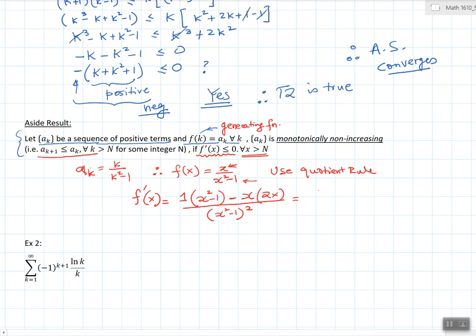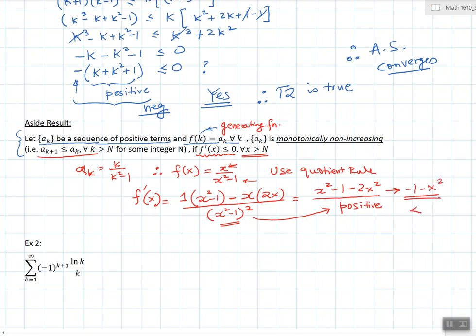So the numerator is simply x squared minus 1 minus 2x squared, and the denominator is always a positive number because it is squared. So we really don't care about the denominator anymore. Let's just look at the numerator. This is minus 1 minus x squared.